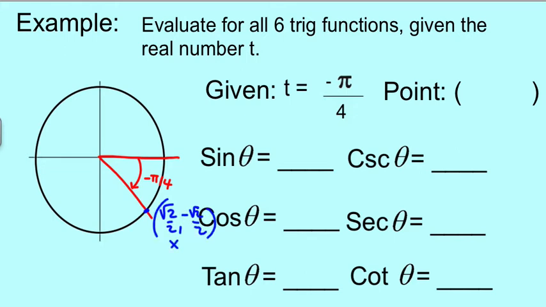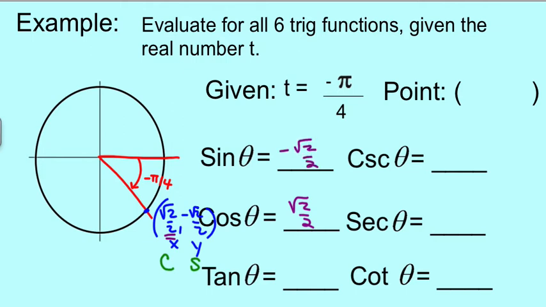So this is your x and your y. This represents your cosine. That represents your sine. So your cosine is square root of 2 over 2. Your sine is negative square root of 2 over 2.